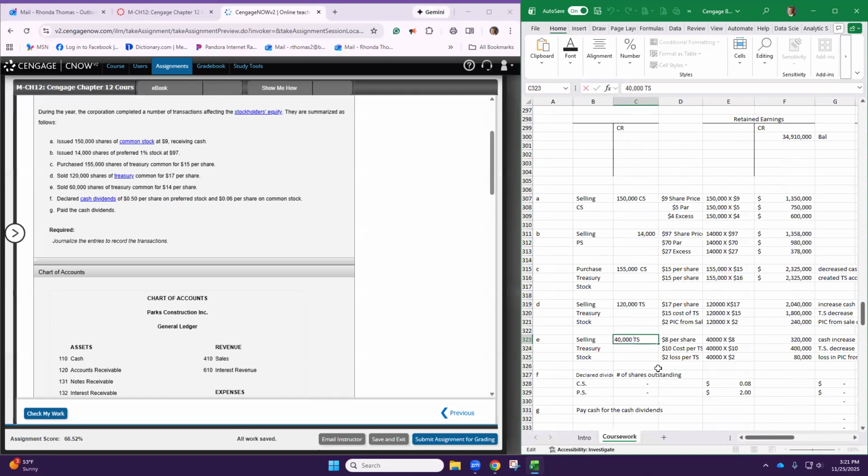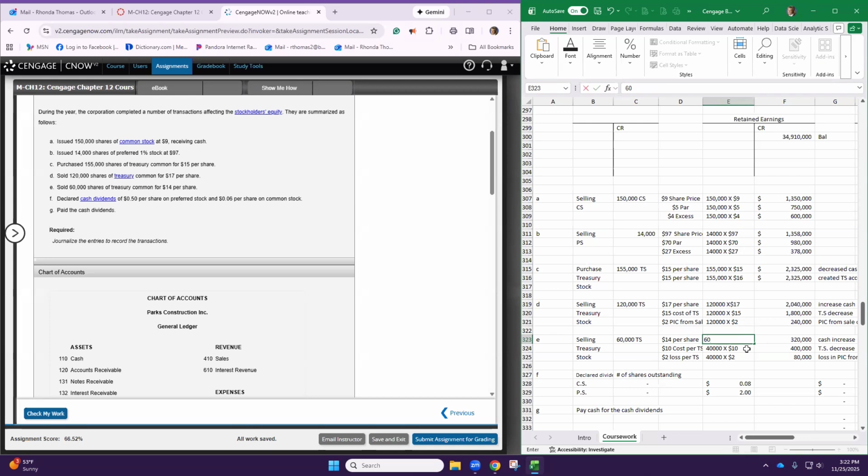And we're selling 60,000 shares. And by the way, I'll put treasury stock here. That came from common stock. We're selling them at $14 a share.